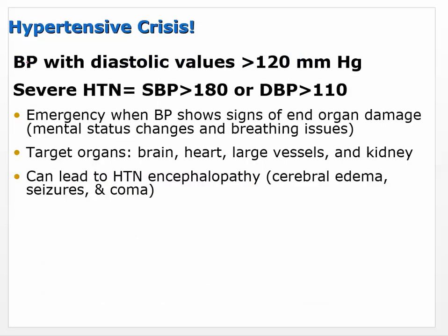Okay, so hypertensive crisis, blood pressure with diastolic values greater than 120, or systolic greater than 180 with a diastolic of greater than 110. Okay, so what hypertensive crisis is.